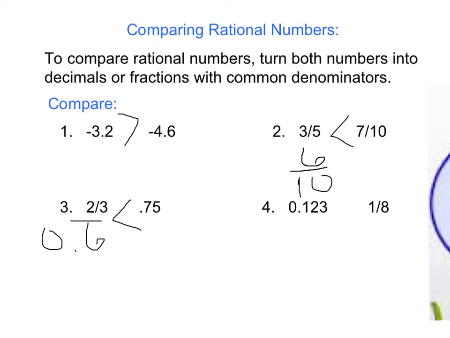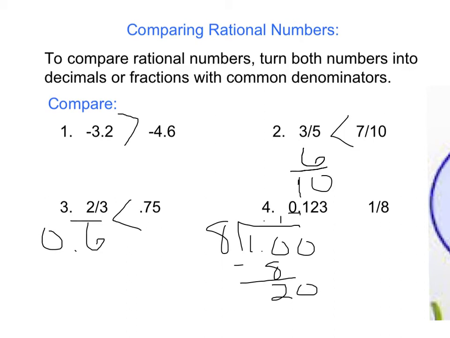Remember to do this, we divide 8 into 1. 8 doesn't go into 1, so we add our decimal and add a 0. 8 does go into 10 once, so we subtract 8 from 10 and we get 2. Add another 0 and bring it down. 8 goes into 20 twice. 8 times 2 is 16.